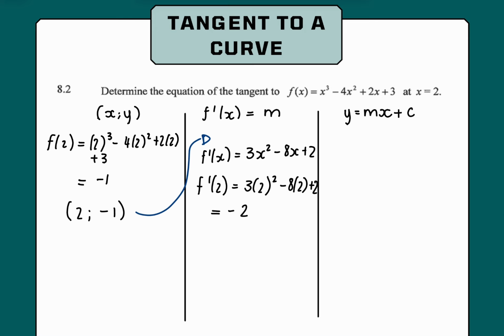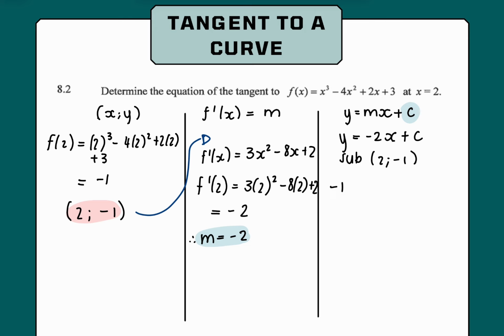And like I said, your derivative is your gradient at that point. Now look, you've got your coordinate, you've got your gradient, so all you would be left with is trying to solve for that c value. So I would sub in my gradient of y equals -2x plus c, and then sub in my coordinate, 2 and -1.